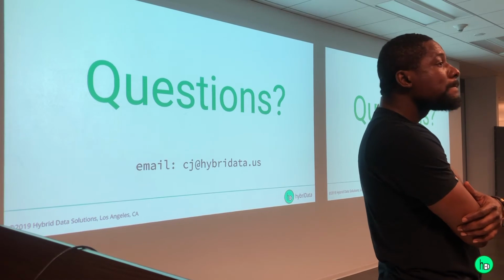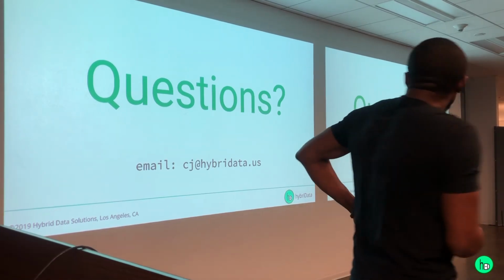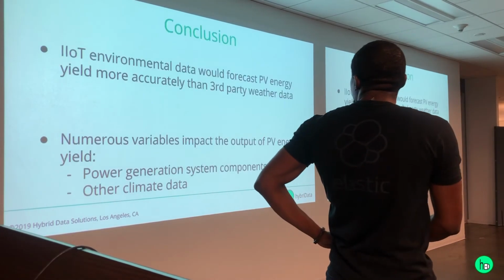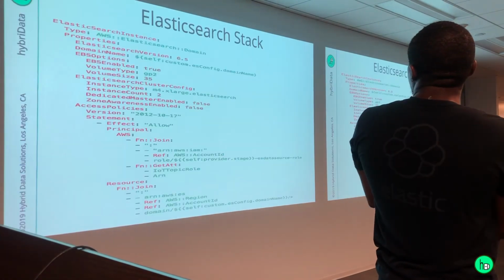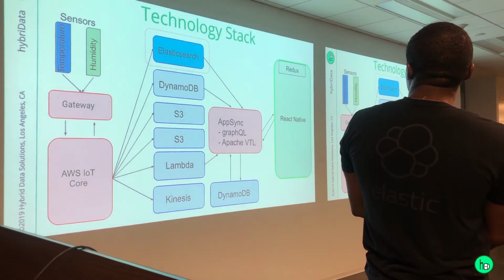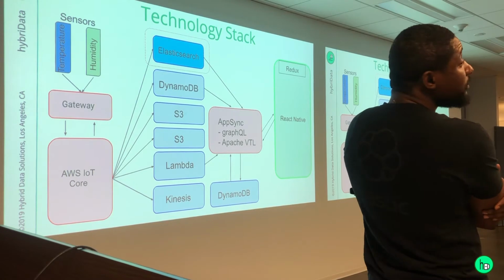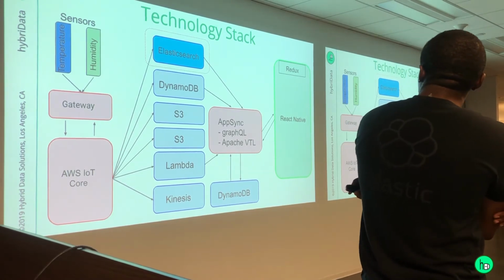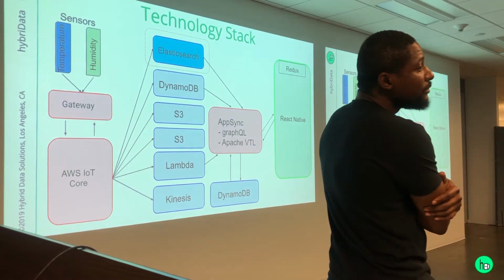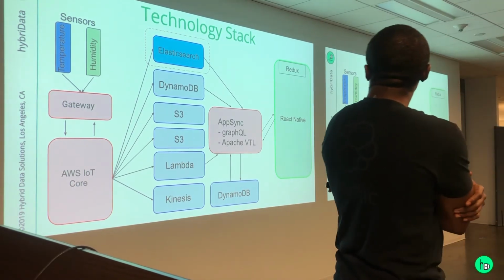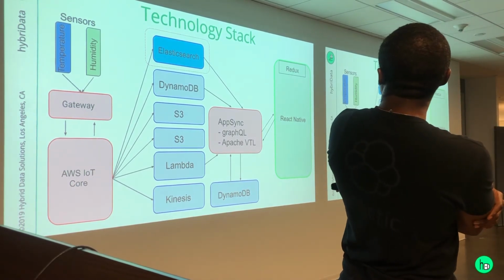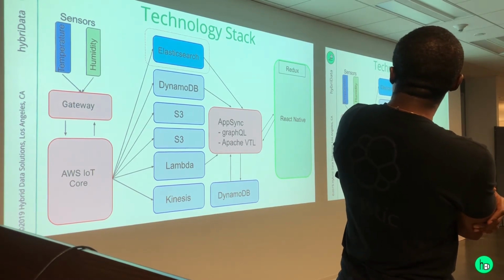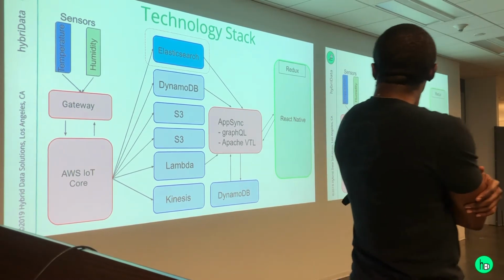Could you go back to the infrastructure slide? Oh, sure. I was very curious. It sounds like you're using multiple data stores. What kinds of data do you put into Elasticsearch versus into your other data stores, and how do you merge them together?